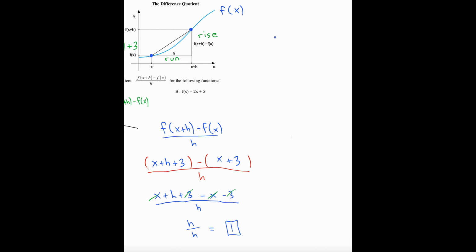All right, for B, we have f of x equals 2x plus 5. So for f of x plus h, we're going to have 2 times x plus h, plus 5.